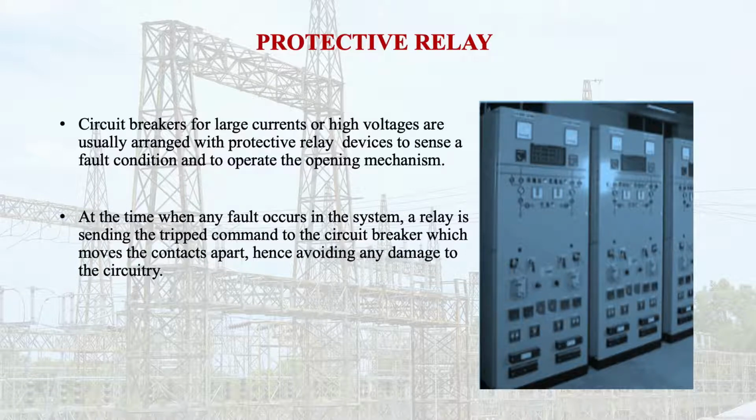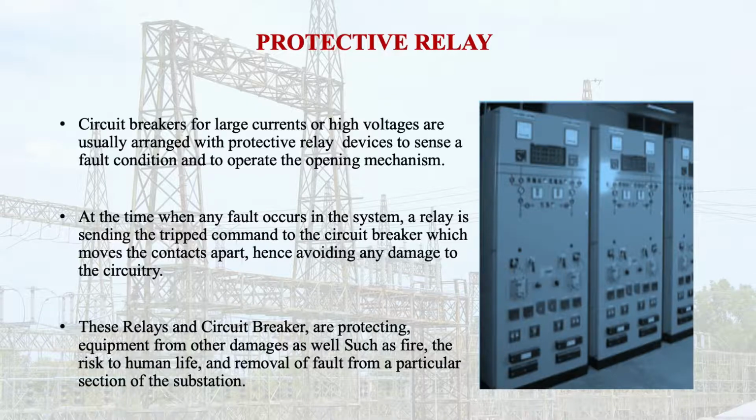So when any fault occurs in the system, a relay sends the trip command to the circuit breaker, which moves the contacts apart and hence avoids any damage to the circuitry. So these relays and circuit breakers protect equipment from other damages as well, such as fire, risk to human life, and remove the fault from a particular section of the substation.